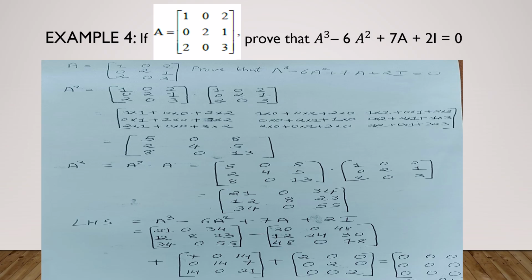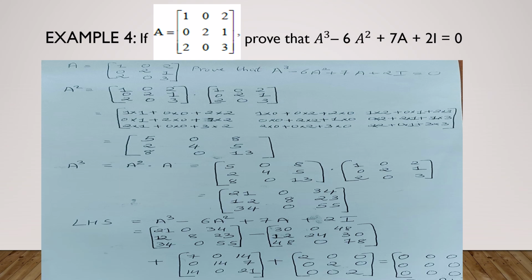What I have is the second row of the first matrix into the first column of the second matrix. That means 2 into 1 plus 4 into 0 plus 5 into 2, which is equal to 12. Similarly for the other elements.